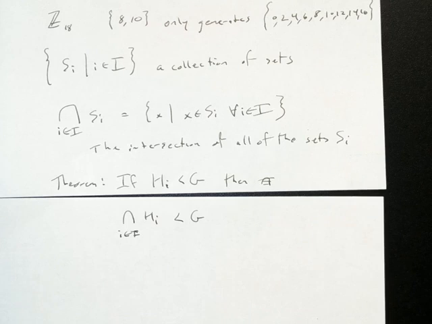If H_i for each i is a subgroup, then the intersection of all of those subgroups is again a subgroup. That's what that less than symbol means.